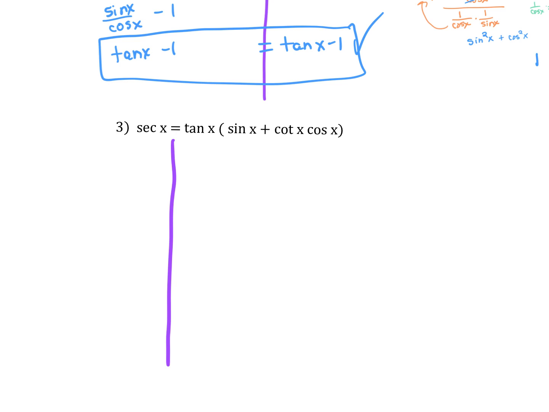Distribute. Okay, so yeah, let's distribute and then we'll separate and see what we've got here. So when we distribute, we get tan x sine x plus tan x cotangent x cosine x.